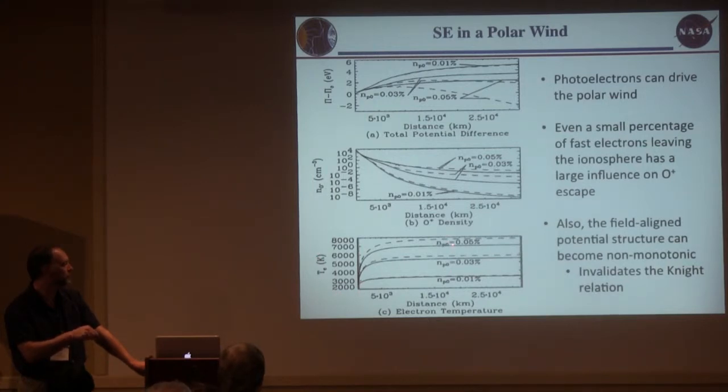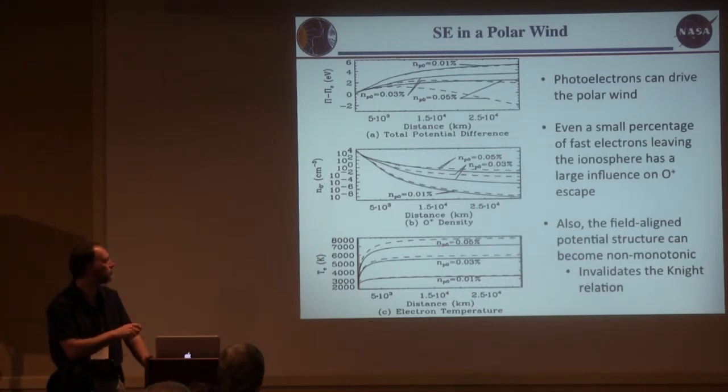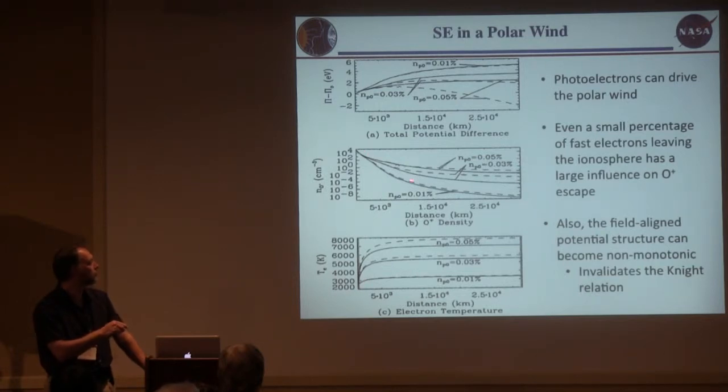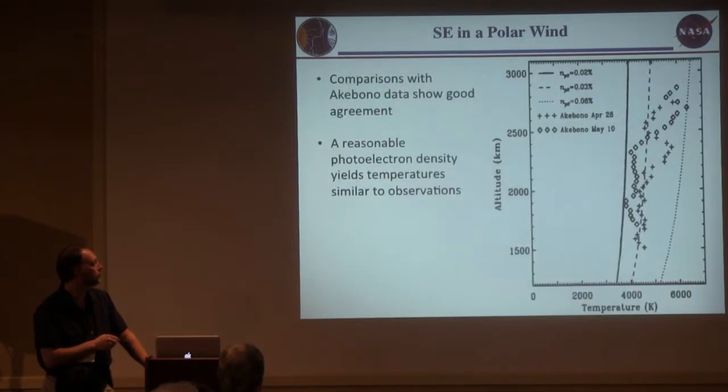The temperature changes dramatically as you add these photoelectrons. The big thing down here is that the photoelectrons are dramatically increasing, by many orders of magnitude, the amount of the O+ density at the higher altitudes along this field line.